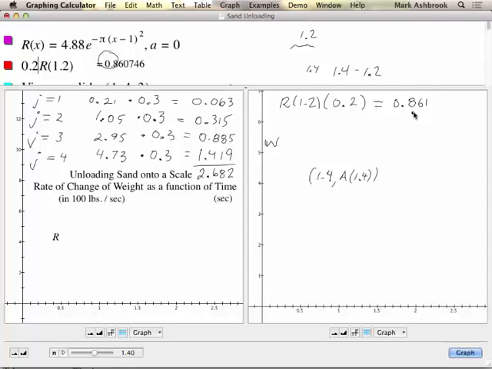And what are we going to do with that? Add it to this. That will give us A of 1.4, the total accumulation from the 4 whole intervals, plus the little more accumulation from the partial interval.